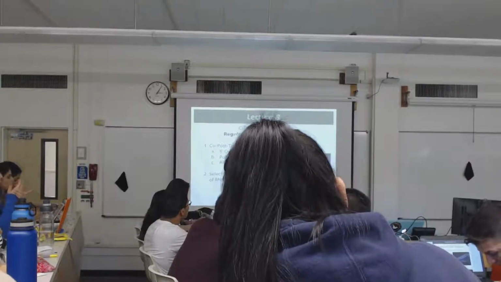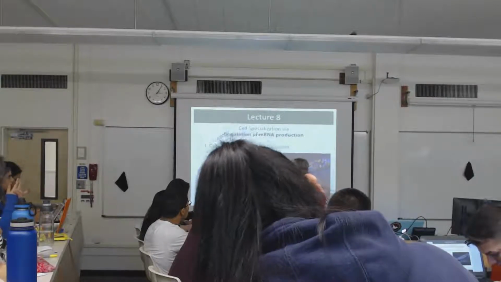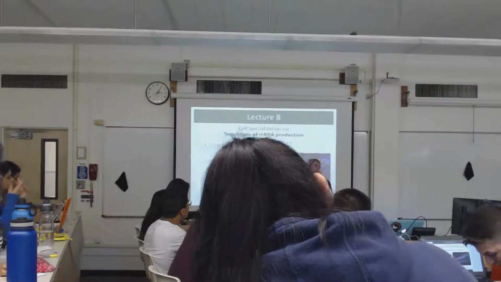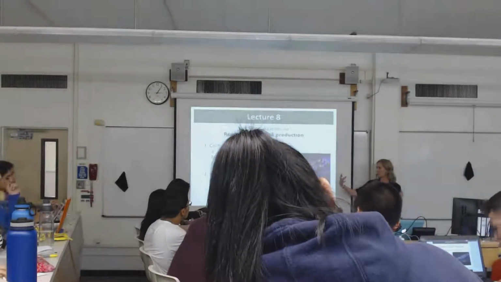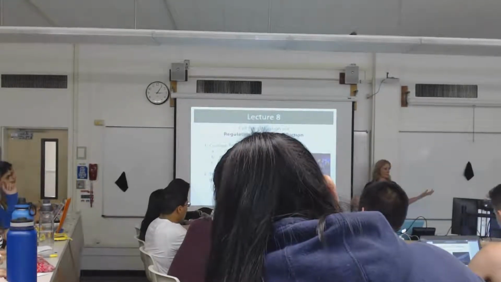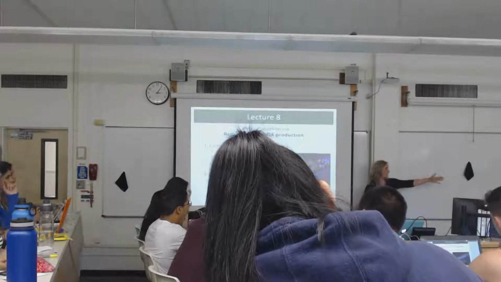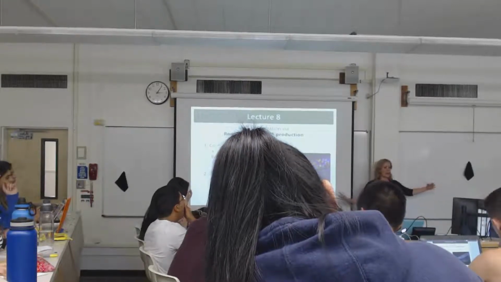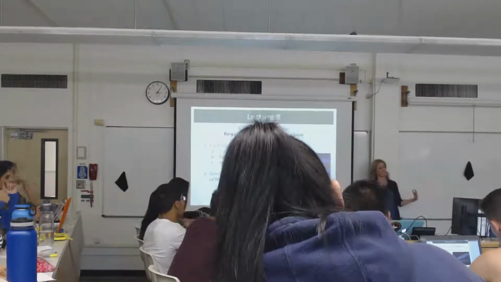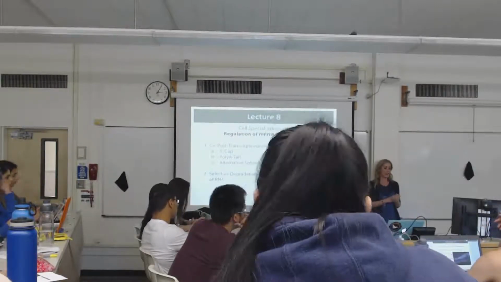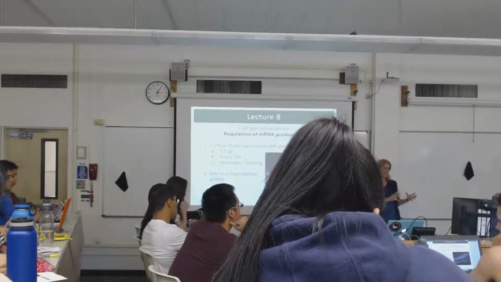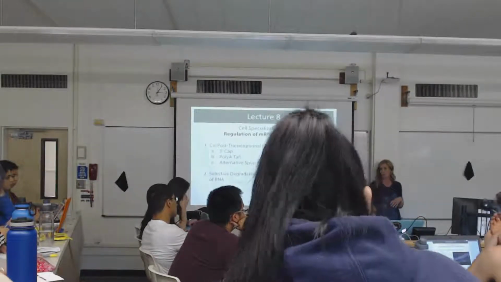And then I alluded to before the fact that the RNA transcript gets processed. At the 5' end, it gets the cap, and at the 3' end, it has this poly A tail. Those serve to protect the transcript, but they also help with getting the transcript exported from the nucleus.